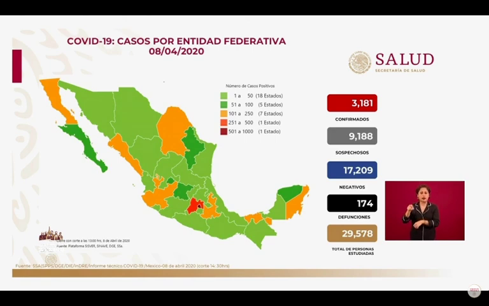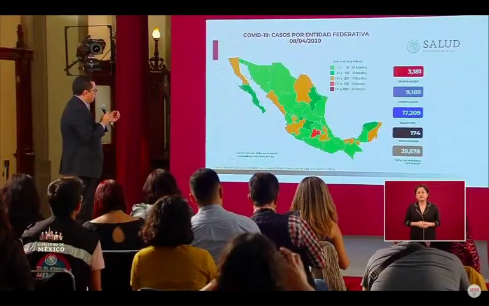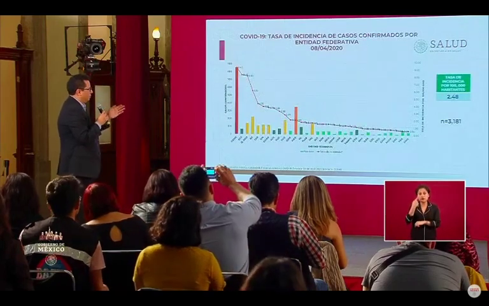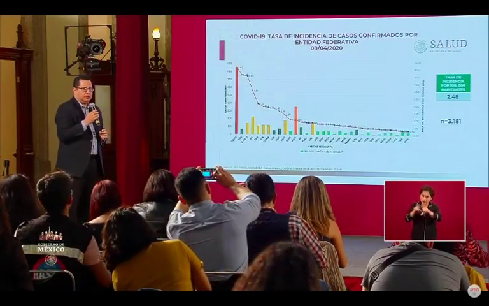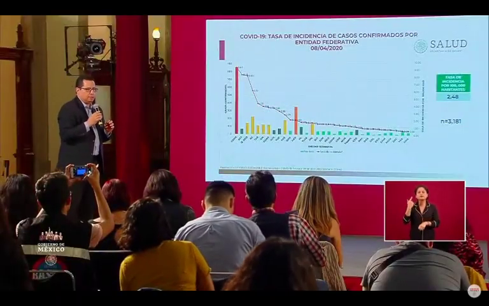The states that are marked with orange, of course, have a higher burden of disease, a higher number of infected cases than the green states, and of course the red states are the ones with the highest amount of cases. Here we can look at the same distribution, but taking into account the incidence rate, which is calculated taking into account the population of each state.